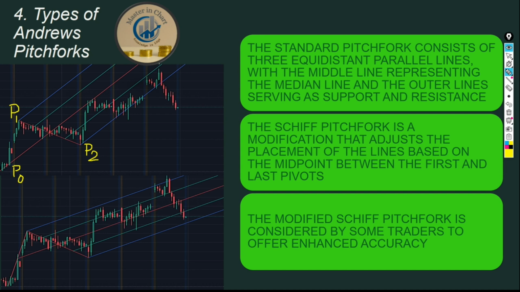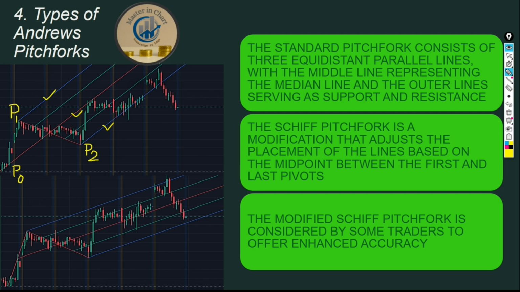And as we have already said, a pitchfork consists of one middle line, one upper line, one lower line. And this upper and lower line work as support and resistance.